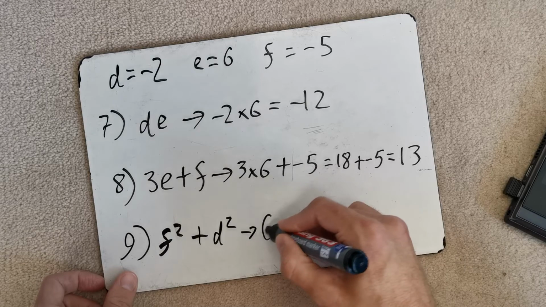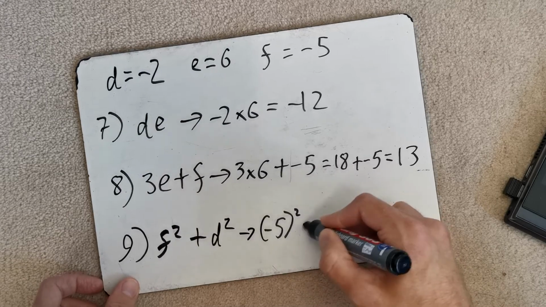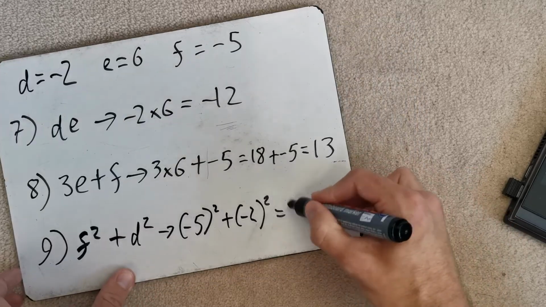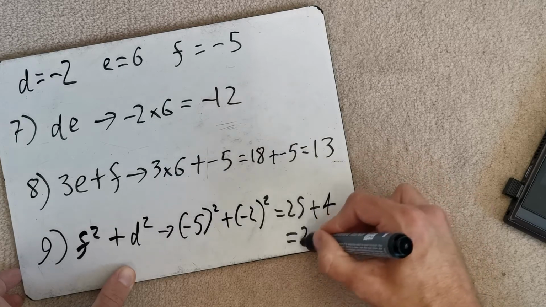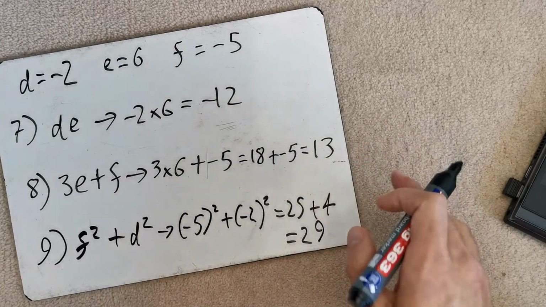So this becomes minus 5 squared add minus 2 squared. Minus 5 squared is 25, minus 2 squared is 4, so the answer is 29 for that one. Bit of a difficult one, that. Even Year 11s often trip up on that.